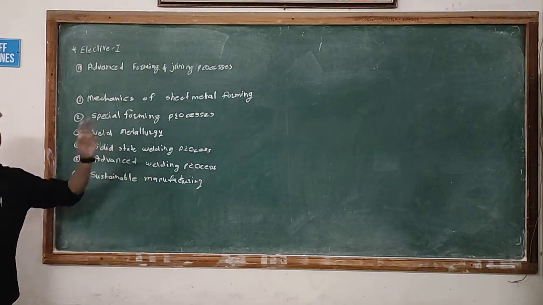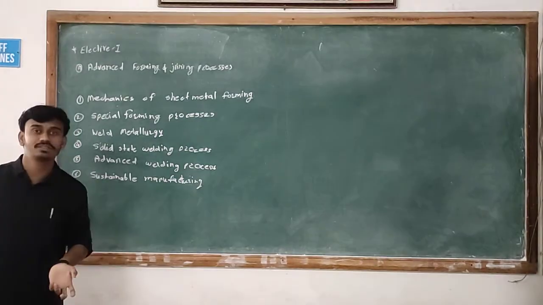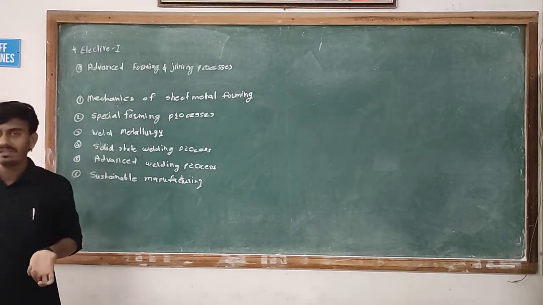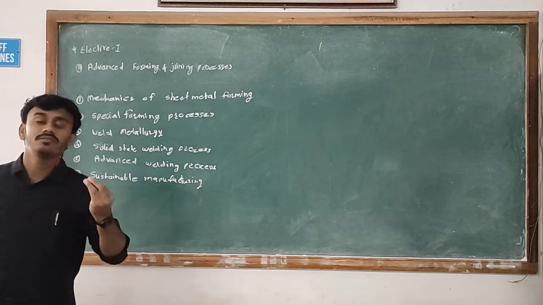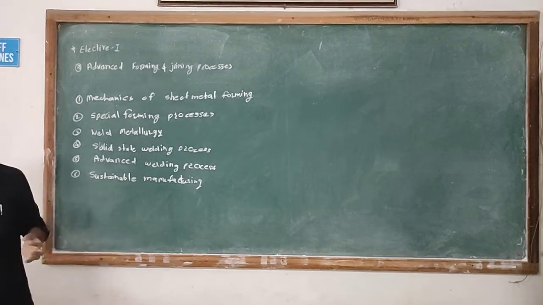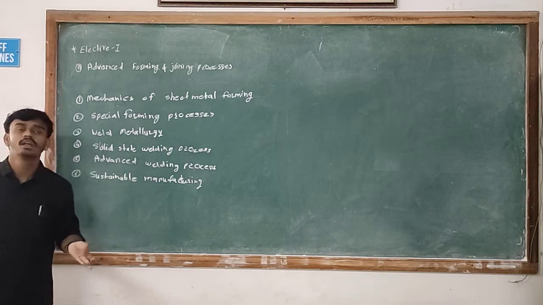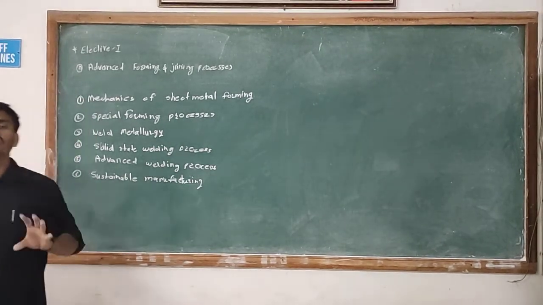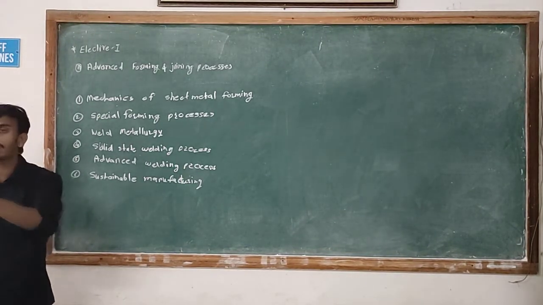The next one is weld metallurgy. Weld metallurgy is related to the welding processes and metallurgy. Which material is welded by which welding process? We know there are various types of welding processes, that is arc welding, spot welding, submerged arc welding, etc. Which welding process is used for which type of material?